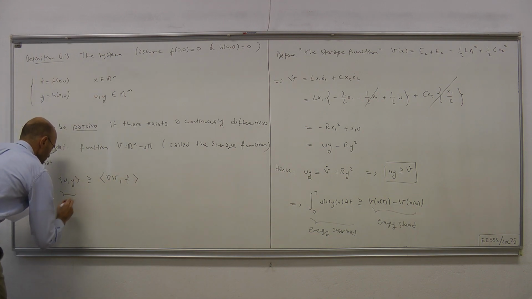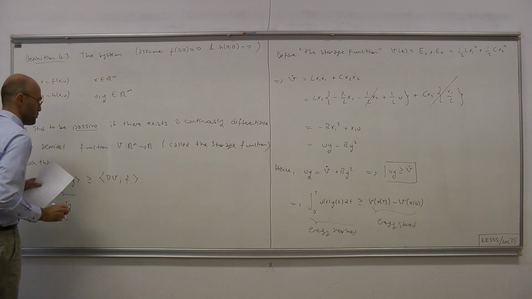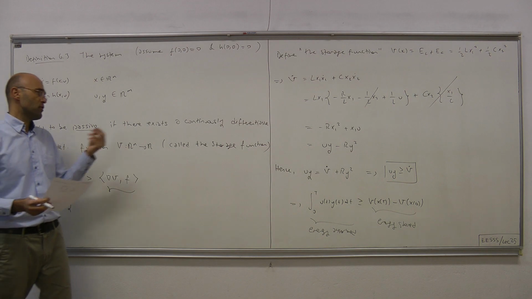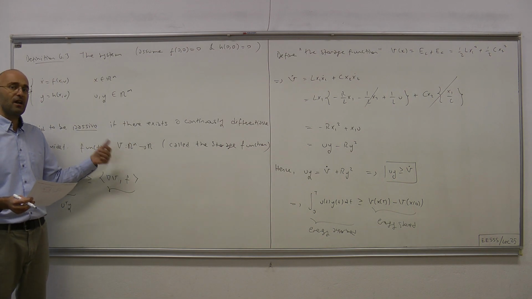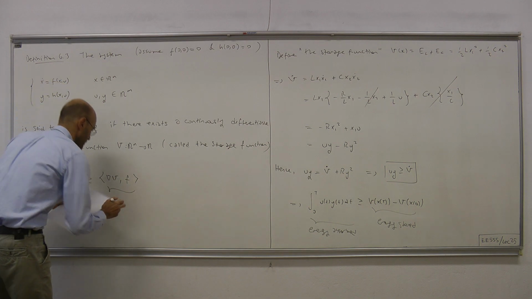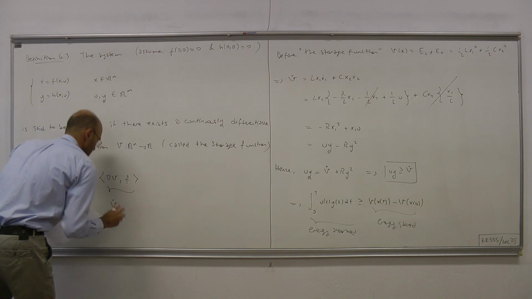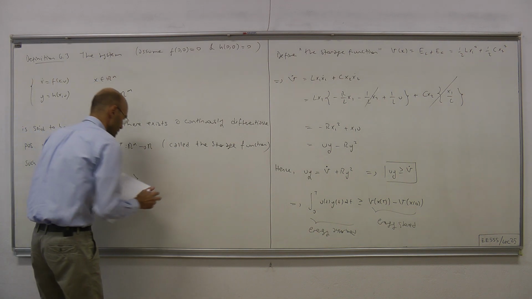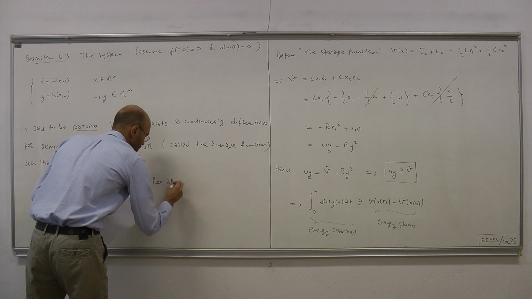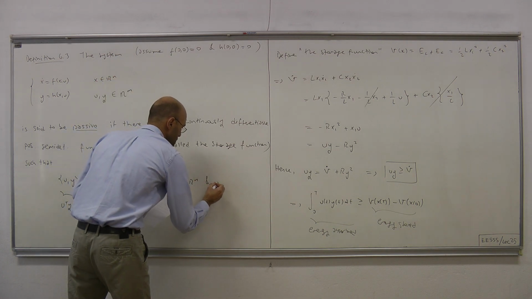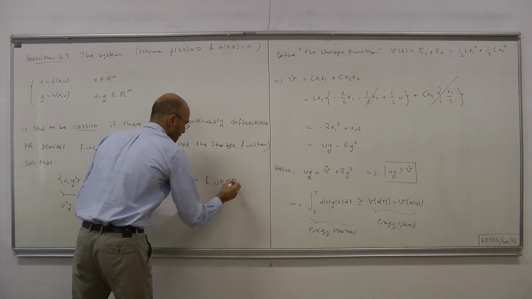This we can also write as u transpose y, and this we know is no other than the rate of change with respect to time of the storage function along the solutions of the system. Therefore, another way to write this is simply V dot. And this should hold for all x in R^n and u in R^m.